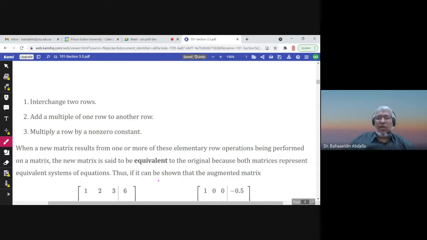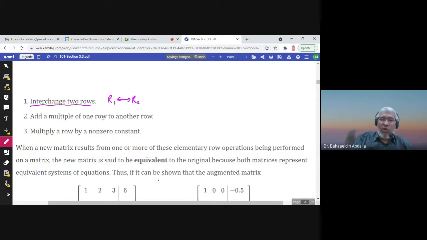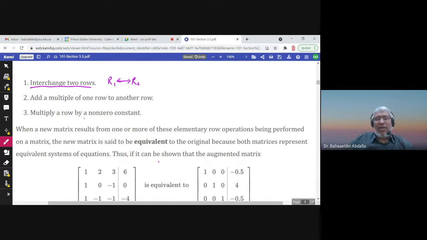The three row operations are: interchange two rows. We can interchange any rows. For example, we can write R1, R2. This means we interchange row 1 with row 2. Add a multiple of one row to another row. For example, we can multiply row 1 by 2 and add that to row 2.